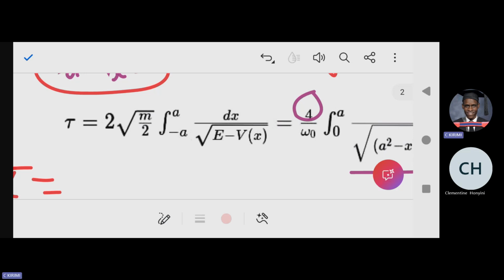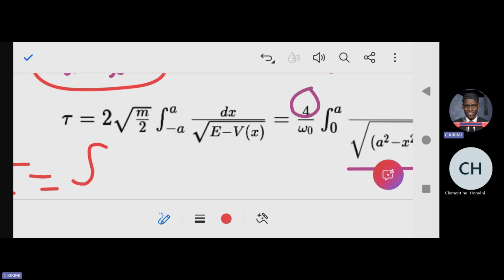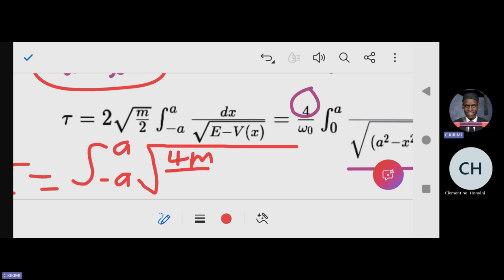That 4 is going to be 4m under the square root sign. So in other words, we want to replace the integral of minus a to a. That is the integral minus a to a of what? Of square root. Yeah, correct. Square root of 4m under the square root sign. That 2, when you put it under the square root sign, it's 4m over 2.